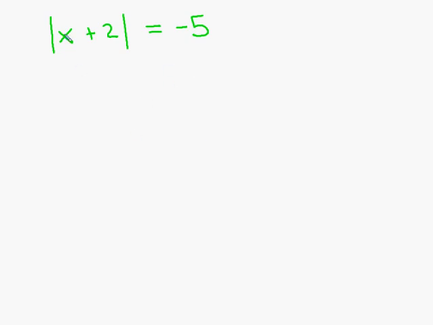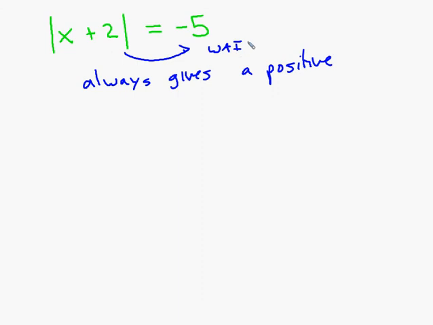Absolute value always gives a positive. So right at the beginning of this problem, I see, wait a minute, this is a negative. Not possible.